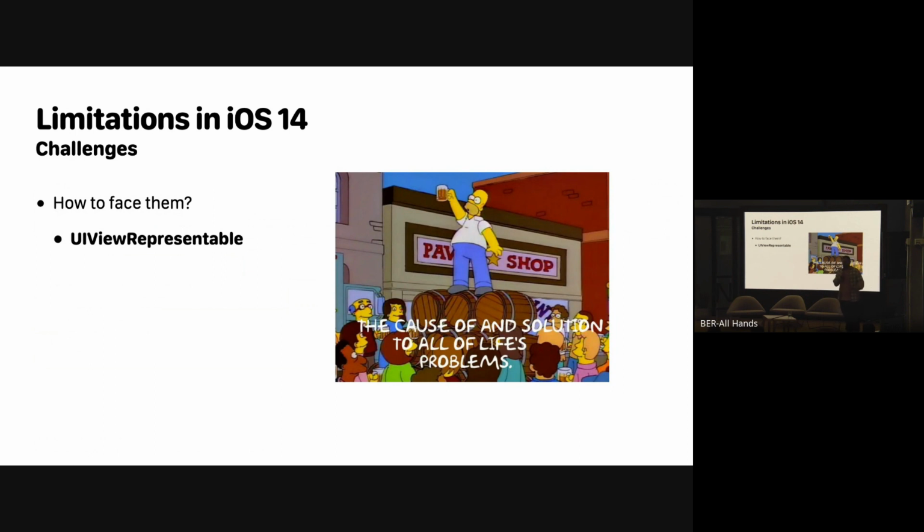If you're new to SwiftUI, this is a protocol that basically is a bridge from UIView-based components to SwiftUI. So the reason why I'm quoting Homer Simpson here is because this is tempting. The idea to just map all the components from UIKit to SwiftUI, reduce time, reduce friction, is tempting.